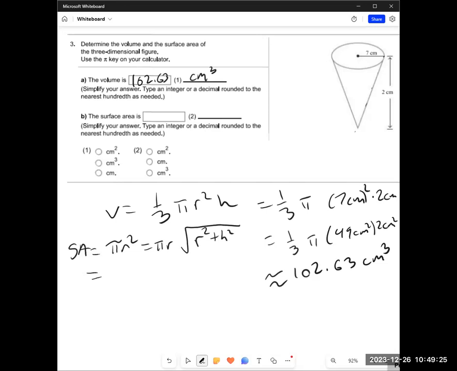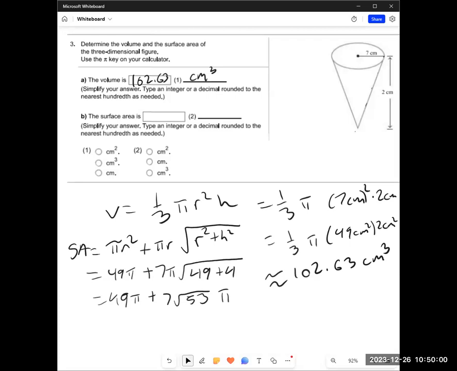That's going to be 49 pi plus 7 pi times the square root of 49 plus 4, which is 49 pi plus 7 root 53 pi. We're going to stick that into our calculator.